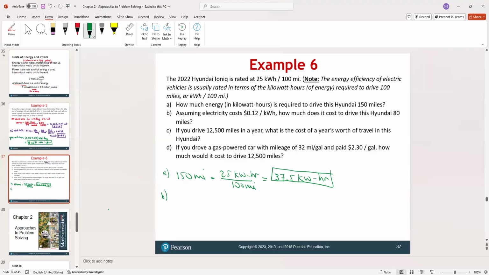You do the same. Again, from the previous example, we take 80 miles and multiply it by the information given, times how much money again? Yeah, 12 cents for every 1 kilowatt hour. So when you do that, it will cost you only $2.40.